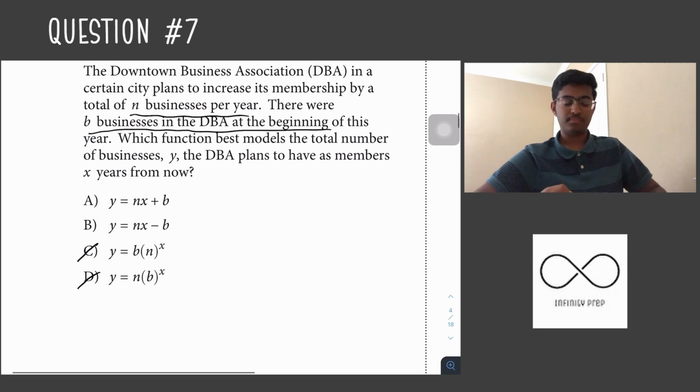Both A and B are linear functions, so they could both possibly be right, but B is incorrect because it's subtracting b from n times x. N times x is the number of members the city gets in x amount of years. So it should not be subtracting b from n times x, because b is the number of existing members. So answer choice A would be correct.